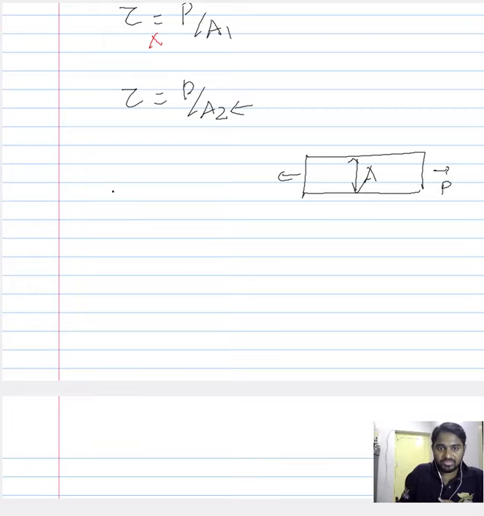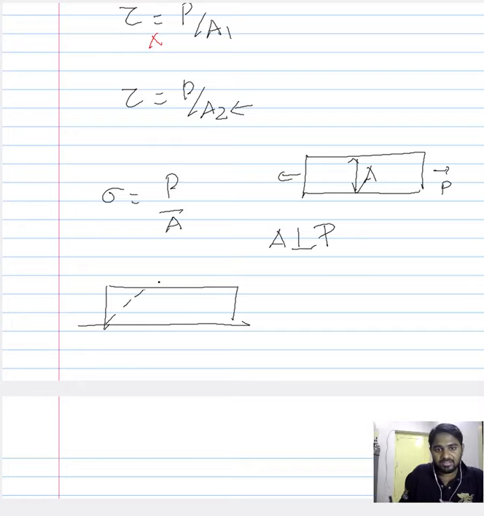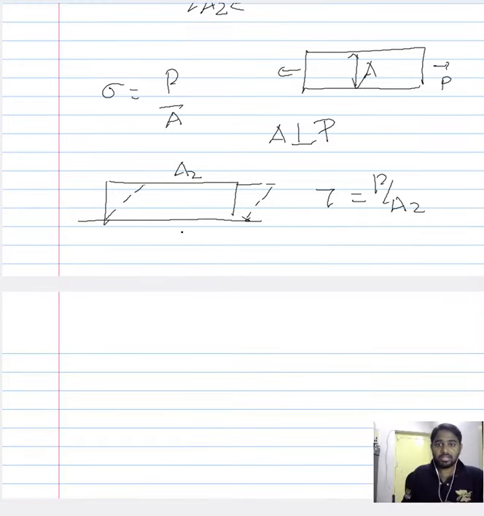Then your stress was the ratio of load and A, and this area A in case of tensile loading was perpendicular to the load P. Now when you consider a shear deformation, wherein the material deforms in this manner, the shear stress that causes the deformation, letting this area be A2, is expressed by P by A2, and in the case of shear loading, the load and the area are parallel to each other.